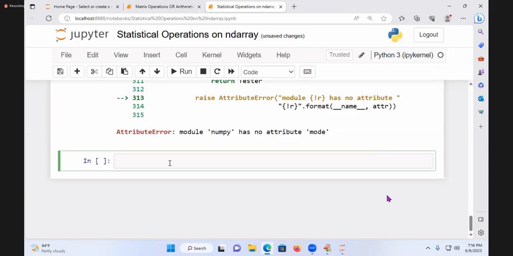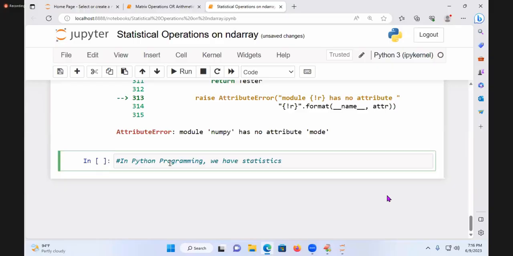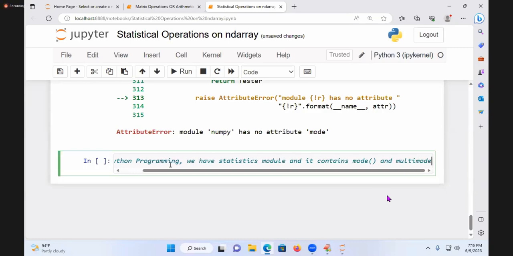In Python programming, there is one module, the statistics module. Are you following? It contains the mode function, and one more is also there, students: multimode functions are available.